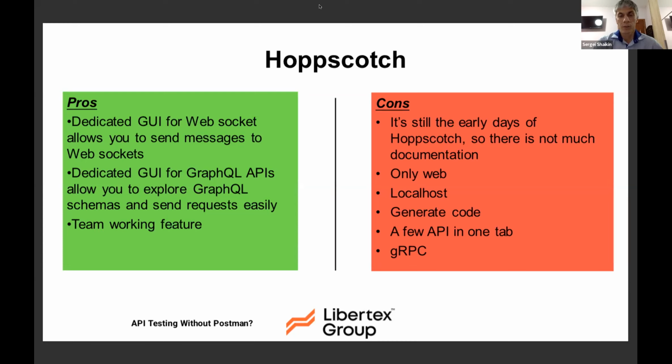And gRPC, right now we don't have the possibility to test a gRPC method, but I hope the Hoppscotch team will improve it and develop such a possibility for us.